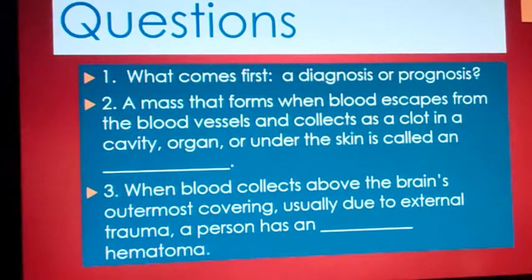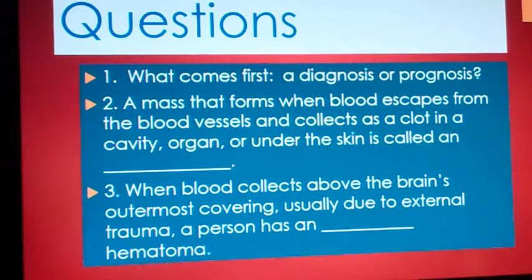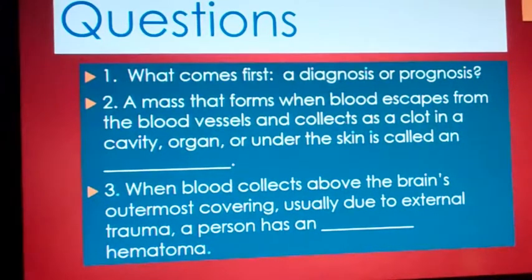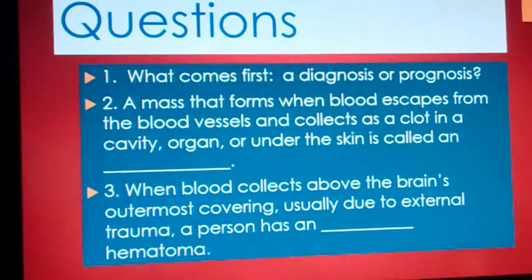Number 2, a mass that forms when blood escapes from blood vessels and collects as a clot in a cavity, organ, or under the skin is called a blank. Number 3, when blood collects above the brain's outermost covering, usually due to external trauma, a person has a blank hematoma.